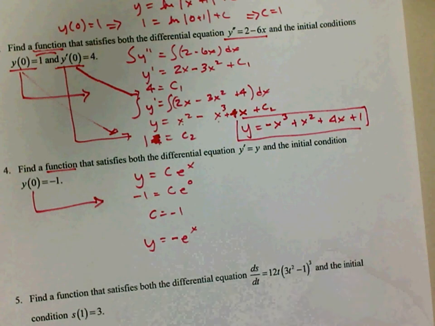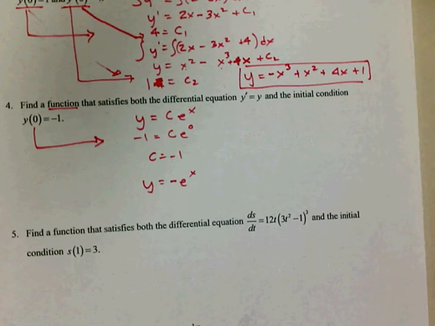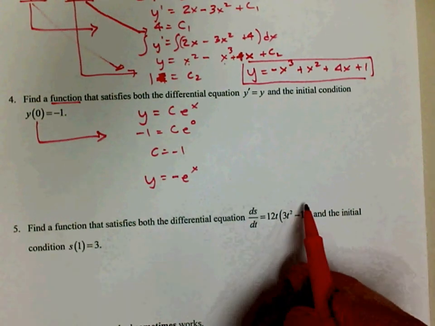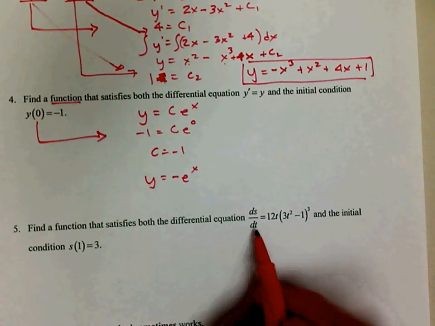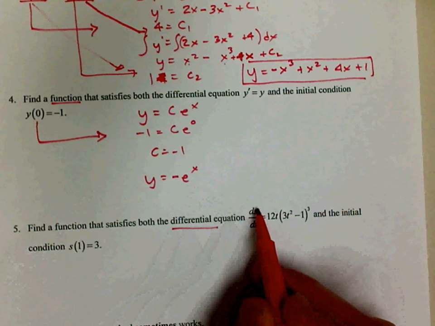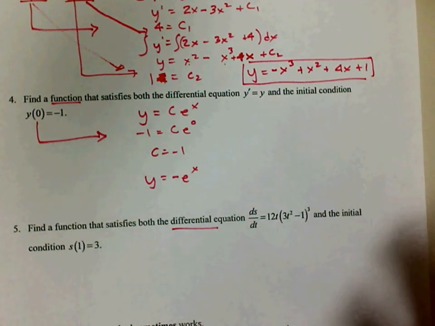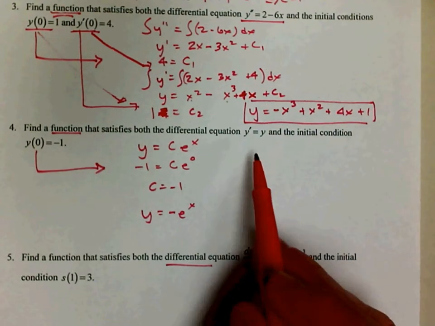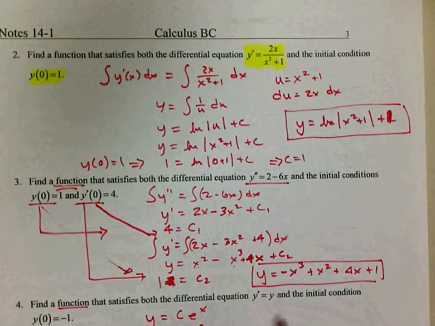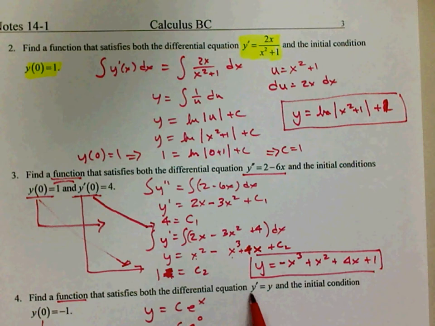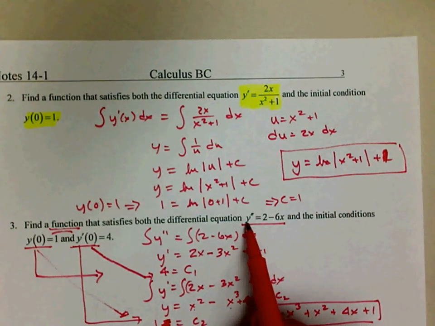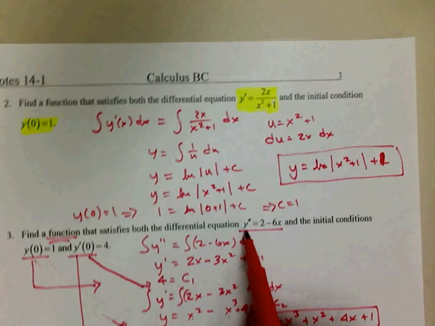Our next one gives us a differential equation of ds dt, which could have been s prime, just like up here. This could have been dy dx, our second derivative with respect to x, dy dx up there. This is no different. It's still a differential equation because that has the derivative in it.